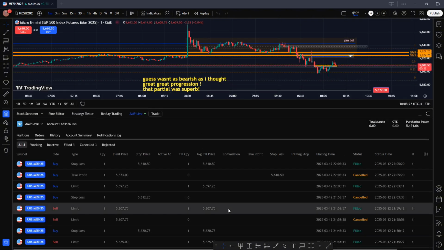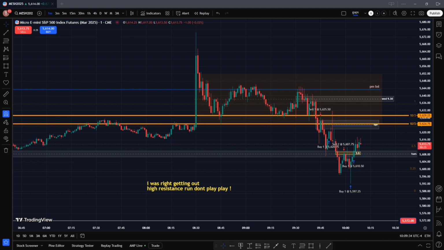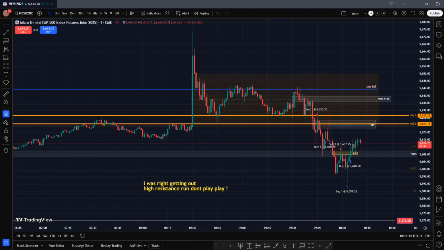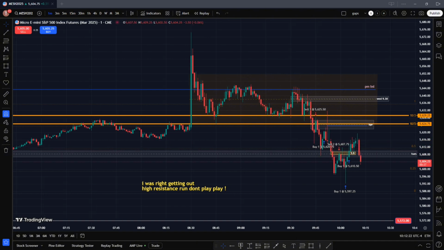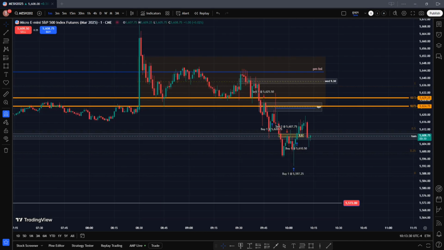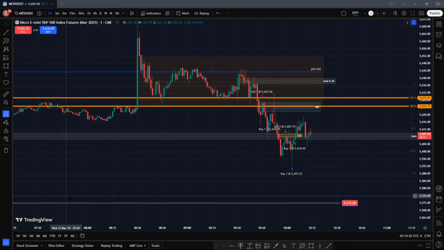Yeah, so the first presented fair value gap, that was a good entry, and the one afterward, that one was a good one also, but I entered with one contract only, so I had to just manage my stops, and that's about it. Right there could have been an entry also.